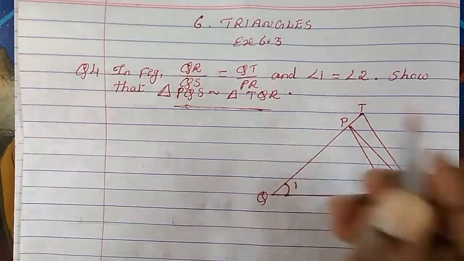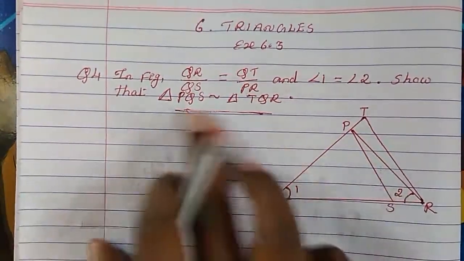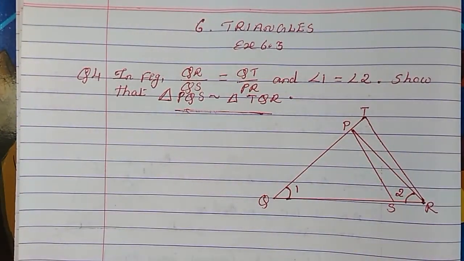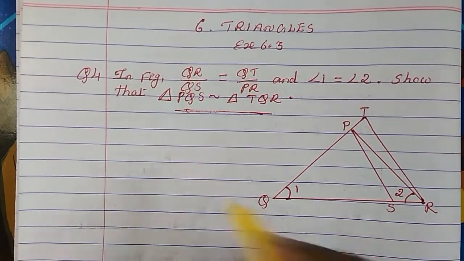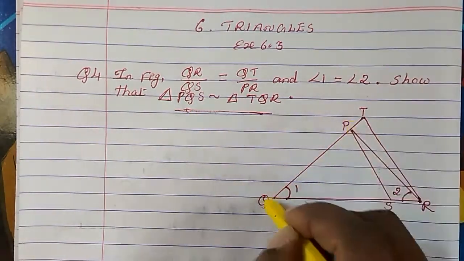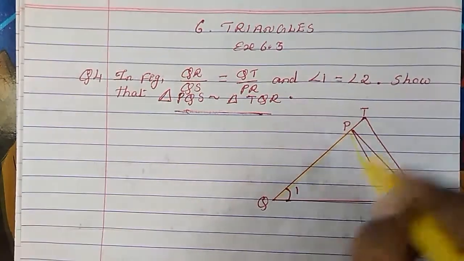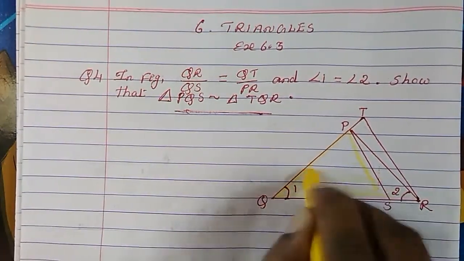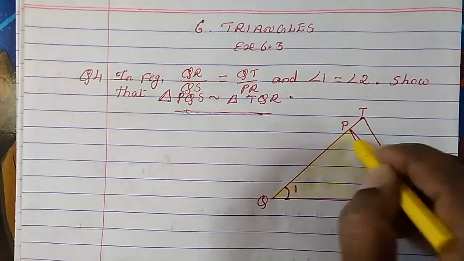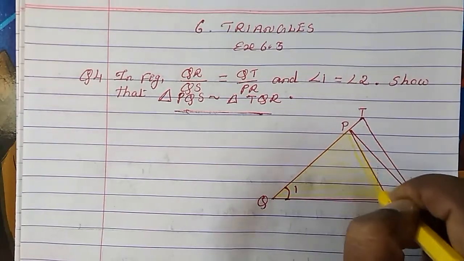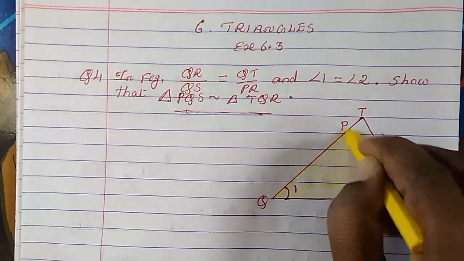Okay. So what is that? Let's see, which are these two triangles? Let me highlight it. Triangle PQS. So this triangle. Okay, so PQS, this is the triangle.